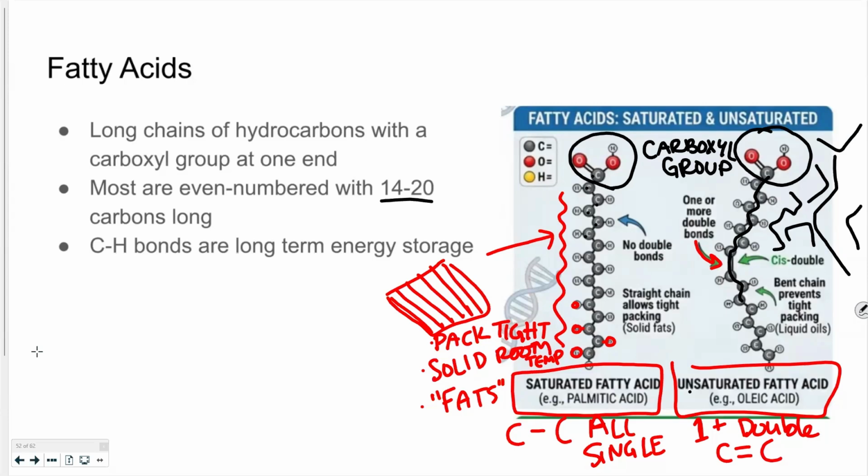So this bent chain is going to prevent tight packing. That means that we're going to be liquid at room temperature. These are going to be things that we commonly know as oils. So our olive oil, canola oil, avocado oil, all those things that you might have in your kitchen that are going to be a little bit healthier for you because they're not going to pack so tightly.